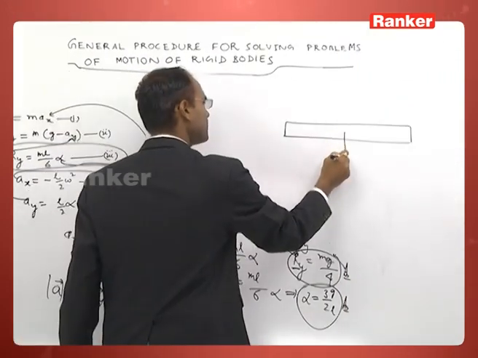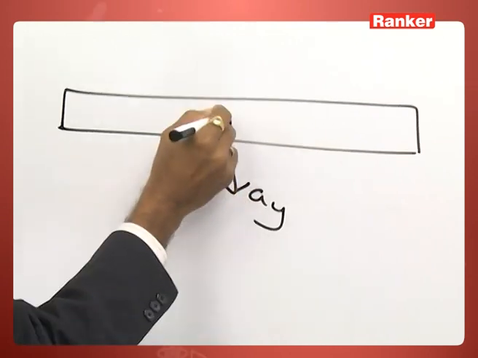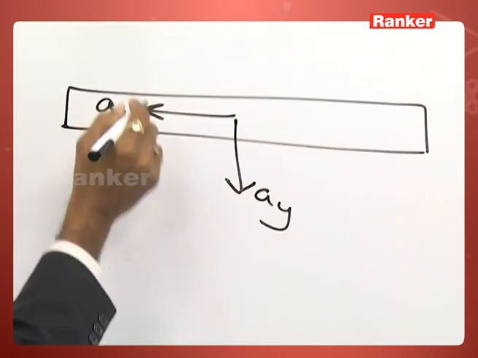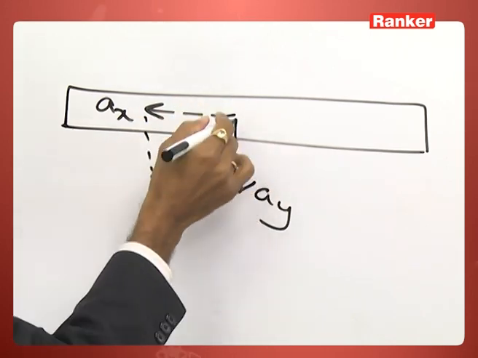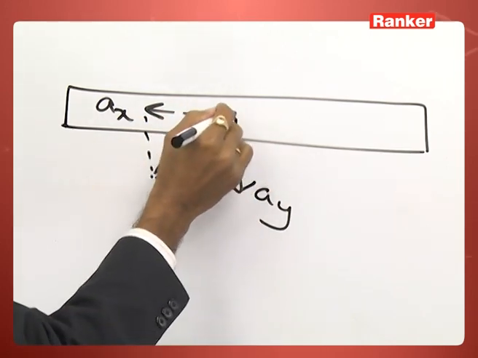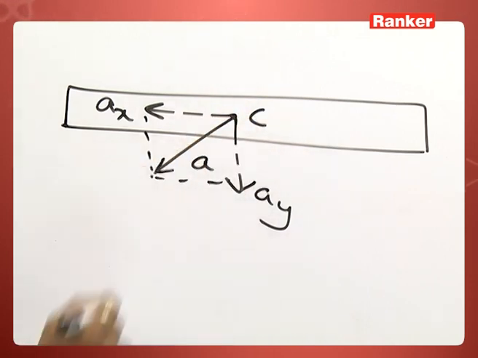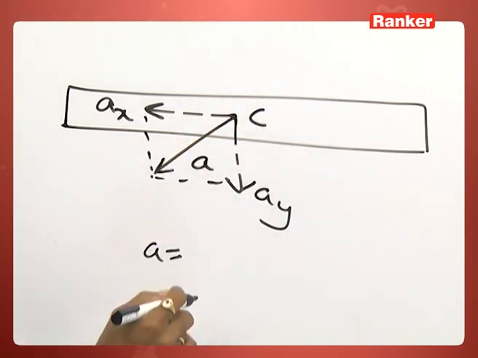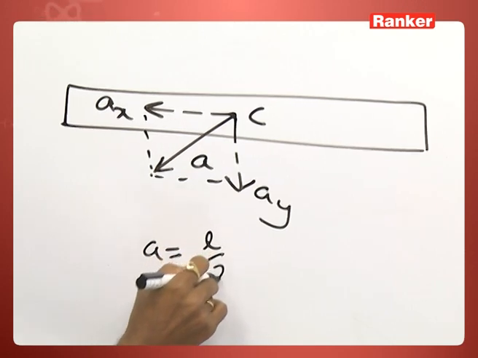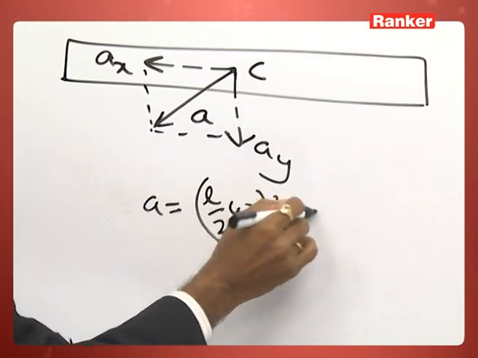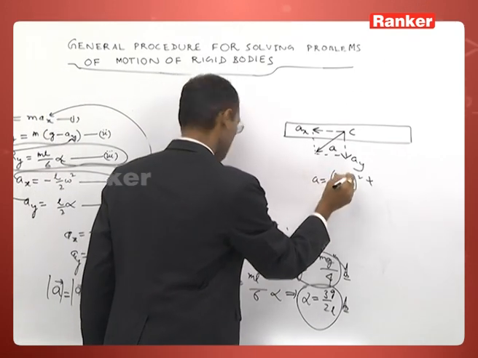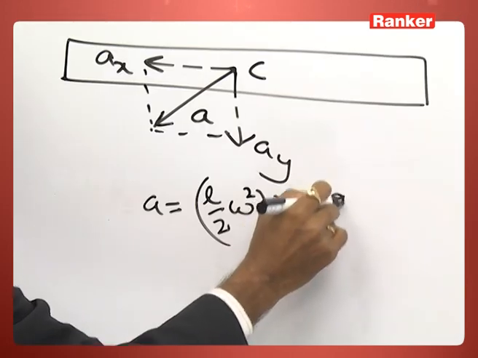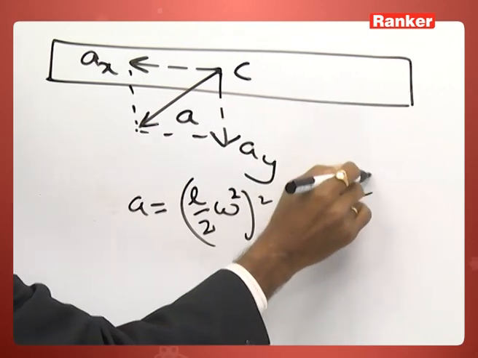And the angle, as I told, you can calculate. Here we have the acceleration Ay and this is Ax. The net acceleration of the center of mass C is A. A is equal to the square root of L by 2 omega square, squared, plus 3g by 4, squared.